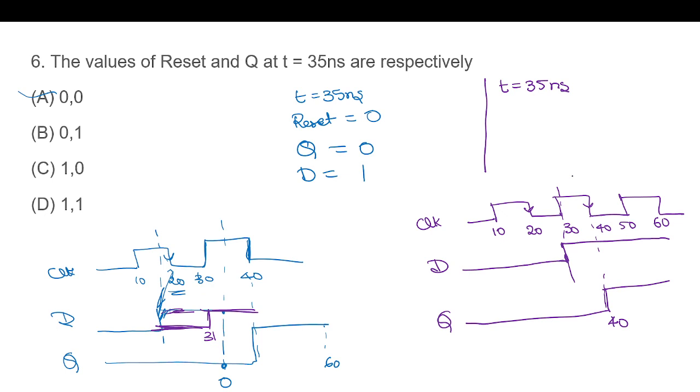So they asked what will be the value of Q at this point when t is 35 nanoseconds. So you can say Q is 0. So my Q is 0 and reset is 0. So option A. Now this is fine. I made a mistake. It should be from 41.